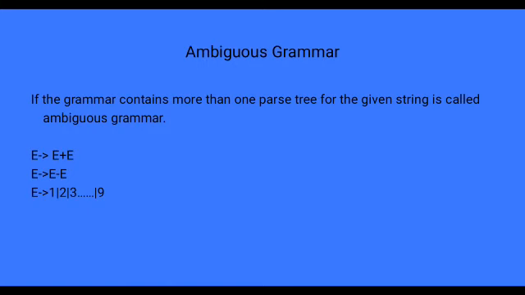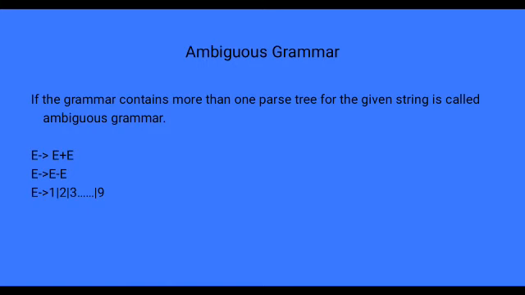Coming to the lexical analyzer, it reads the stream of characters making up the source program and groups the characters into meaningful sequences called lexemes. The lexical analyzer represents these lexemes in the form of tokens. Finally we get tokens as the result of the lexical analyzer.